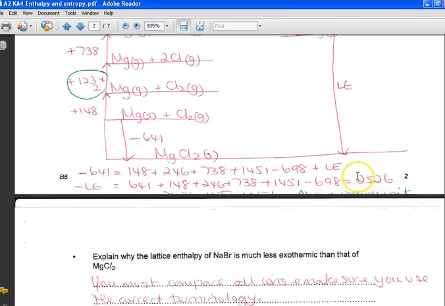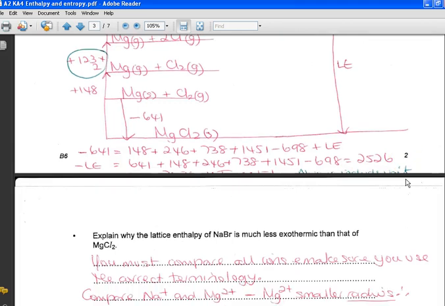So the final answer is -2526, and you must include the unit, kilojoules per mole. If on the exam paper the unit is already written, that's fine, but if there is no unit, you must write it in. So if you didn't, you lost a mark for that, and some of you did forget to multiply by -1, so you ended up with +2526. But you do get a mark for that, but not the full marks.